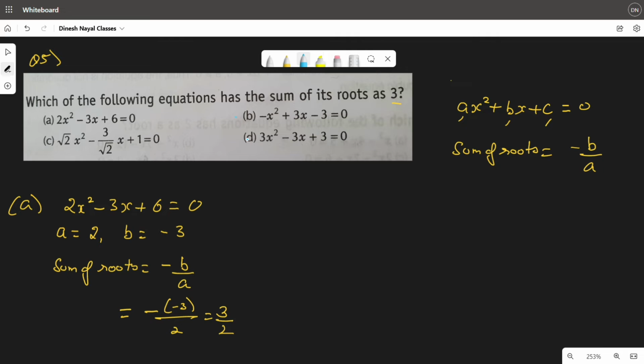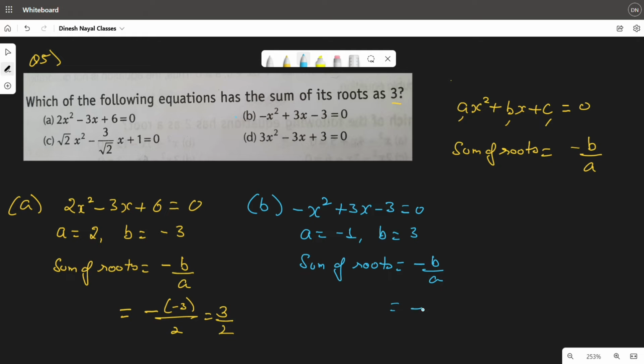Now checking the B part. B is minus x square plus 3x minus 3 equals 0. Here a is minus 1, b is 3. Now what's the sum of roots? Sum of roots equals minus b by a.